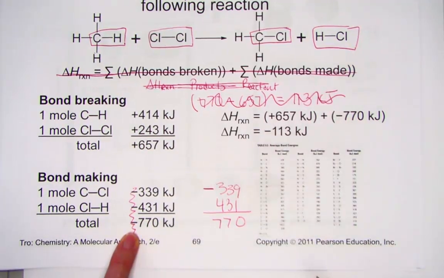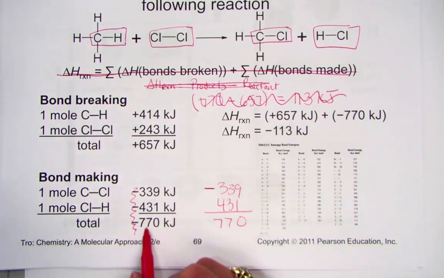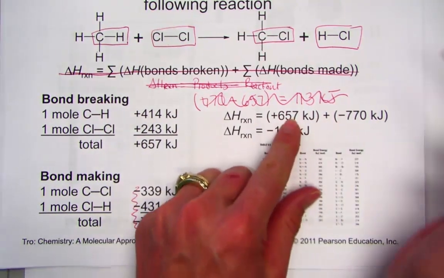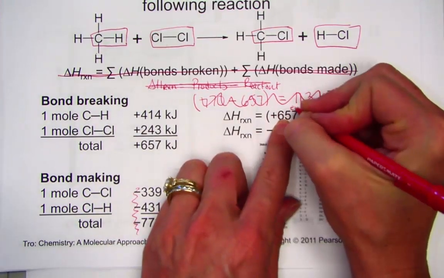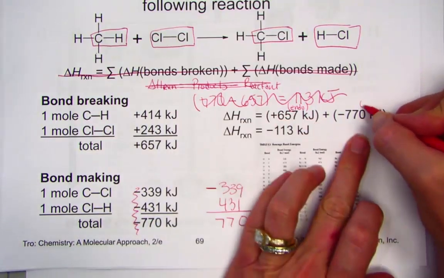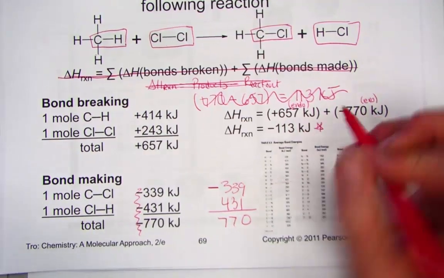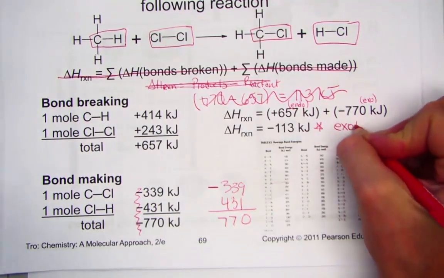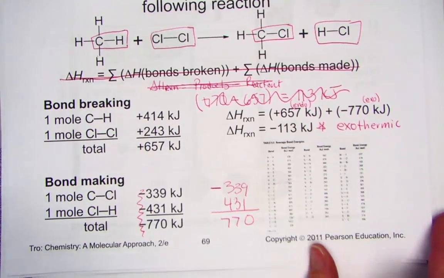Those are exothermic. The total energy then, an exothermic value, is 770 for the product side. The sum of all the bonds broken, 657, notice bonds broken, an endothermic value for the reactants, plus the exothermic sum for forming new bonds gives us a net heat of reaction of negative 113 kilojoules. This is an exothermic process overall. Energy was released during the course of this reaction.